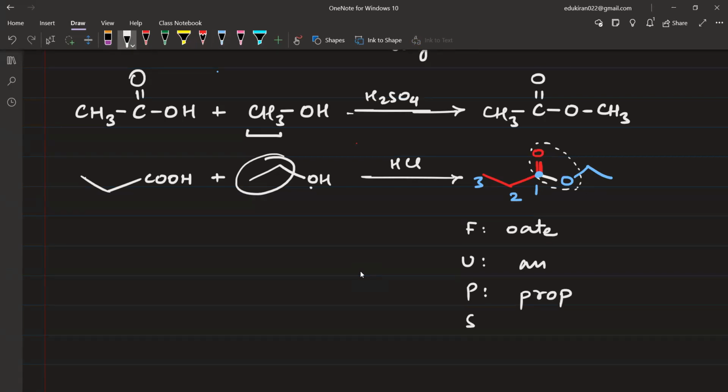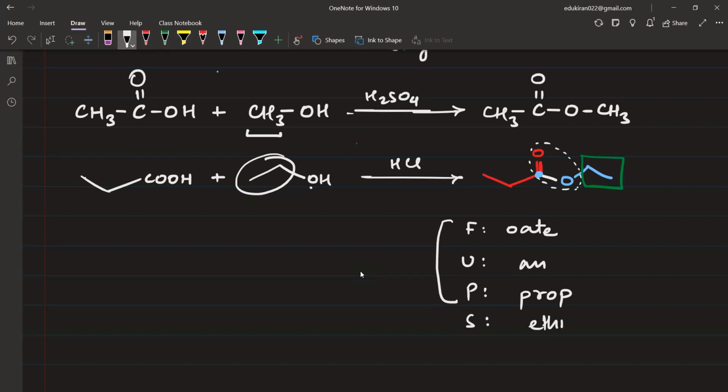And then I will look for a substituent. What is a substituent? After the identification of the parent chain, whatever remains is the substituent. We have already identified the functional group, that is this oxygen, and these 3 carbon atoms. The only remaining portion here is this 2 carbon atom chain. This alkyl group chain, which is 2 carbon atoms, we write eth.